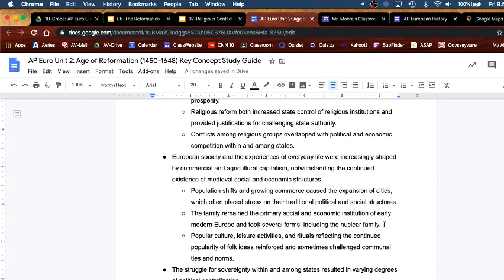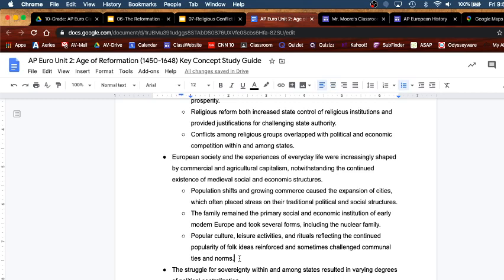That's one of the skills in this class, to be able to look at things from different points of view and maybe break what you see as the truth and help you see things from other people's points of view. That's one of the purposes of this class. Popular culture, leisure activities and rituals reflecting the continued popularity of folk ideas reinforced and sometimes challenged communal ties and norms.